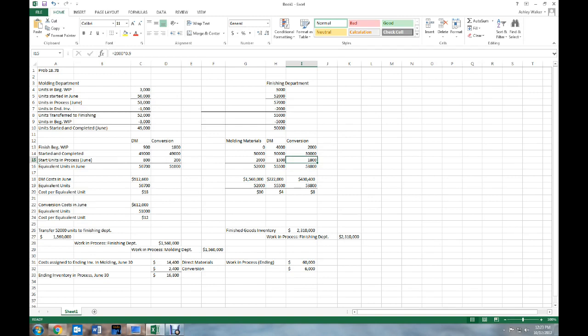We had 1,800 equivalent units there at $8 apiece. So that has to be our ending work in process inventory value, the cost assigned to it: 80,400. So that does it for problem 18.7b.